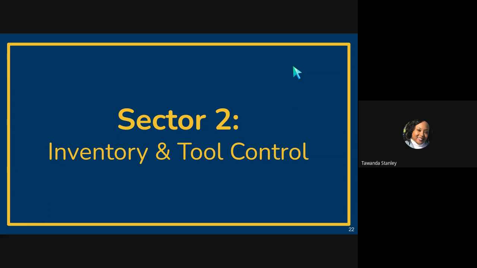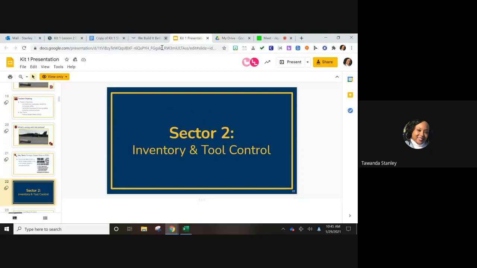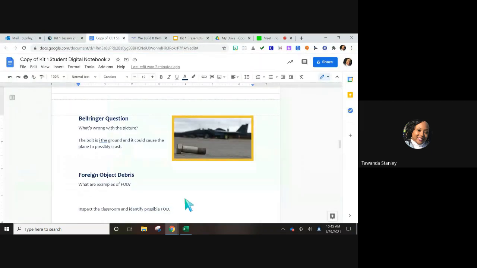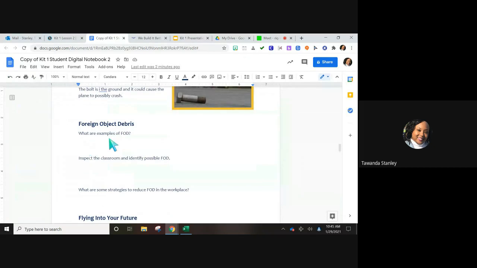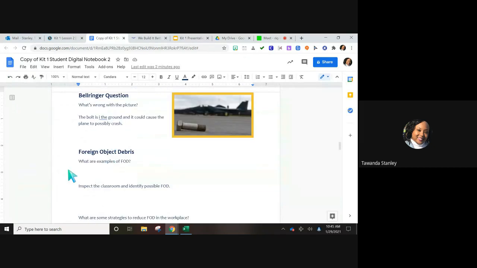Again, all those things could be considered to be FOD. Here we go: what are some examples of FOD? Right here we should be typing in some possible examples of FOD. We should be writing it down, but I will type it in there for you.